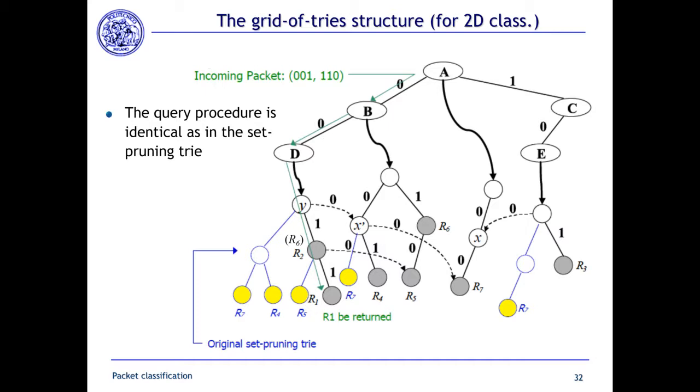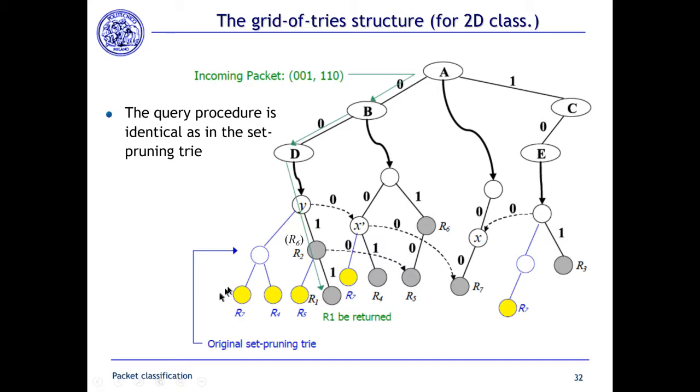In the set pruning case, with these yellow nodes, you have to copy what characterizes the rule, which is not the regular expressions, because those are embedded in the topology, but for example the action.